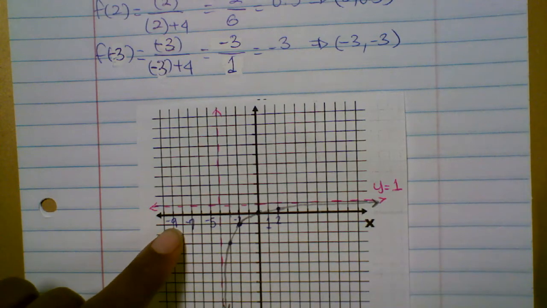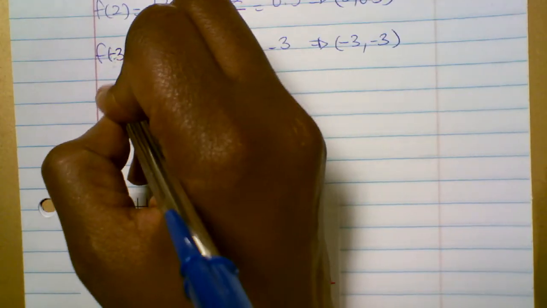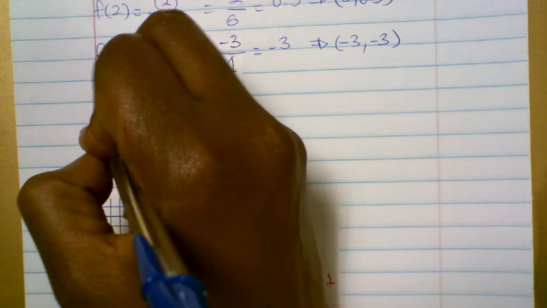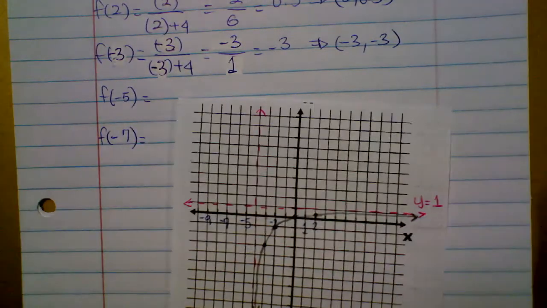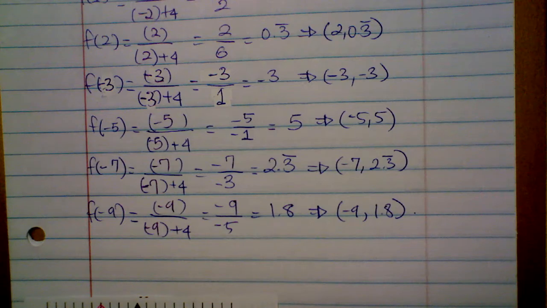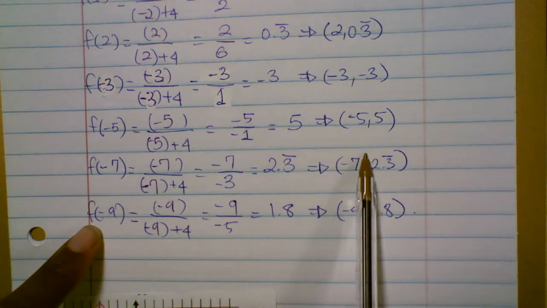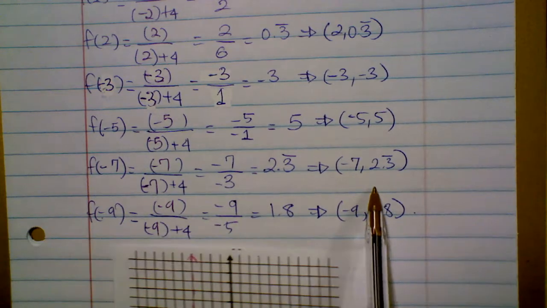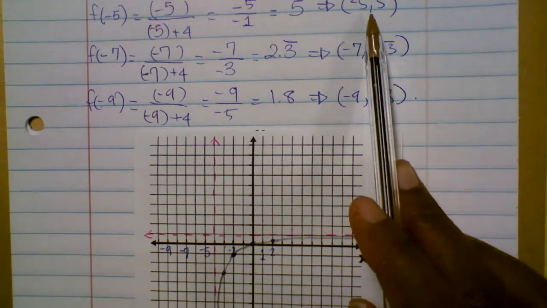Please pause the video and do the evaluation. Okay, so I also evaluated f of -9, and those are my coordinates. That's the last 3 points I need to plot.